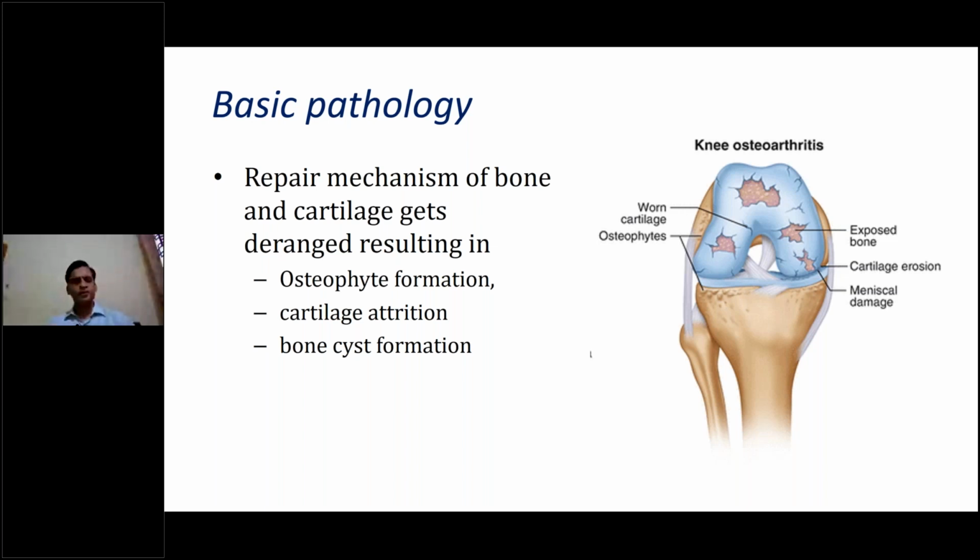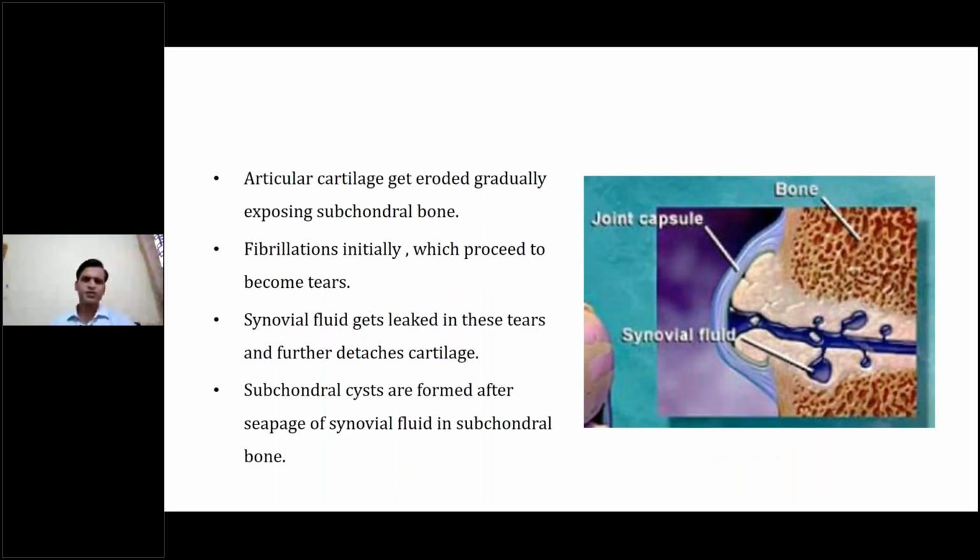So what happens? Basically, the process starts with articular cartilage derangement. Initially the articular cartilage gets eroded at some point in the joint, and this damage progresses in such a way that the subchondral bone is exposed.